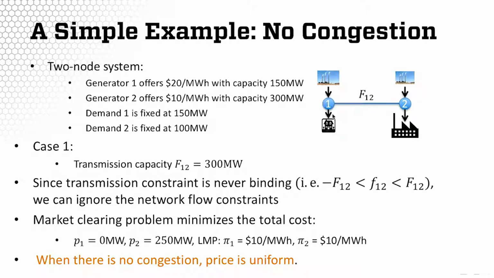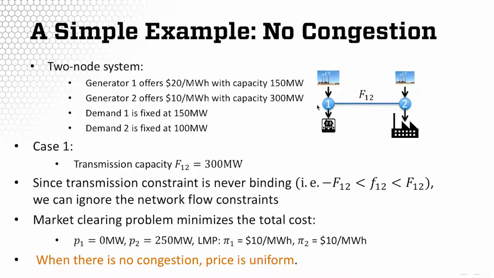So the electricity price at node 1 will be $10. And so it is for node 2. If the demand here is increased by a tiny bit, then that demand will again be supplied by the cheaper generator here at $10 because the generator has enough capacity to supply that. So the electricity price at node 2 is also going to be $10.